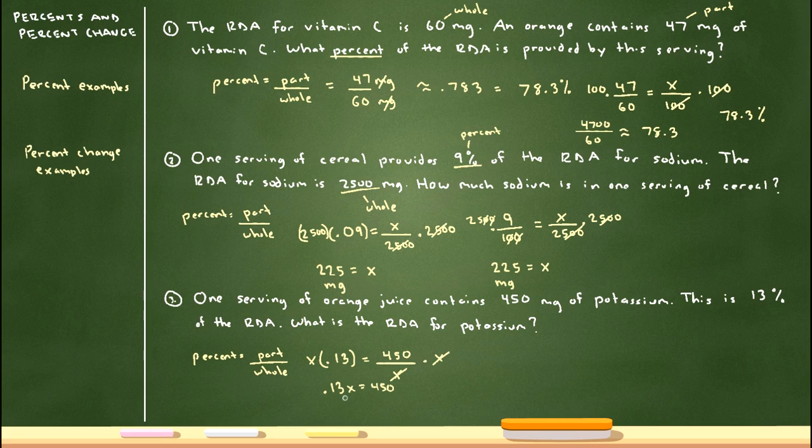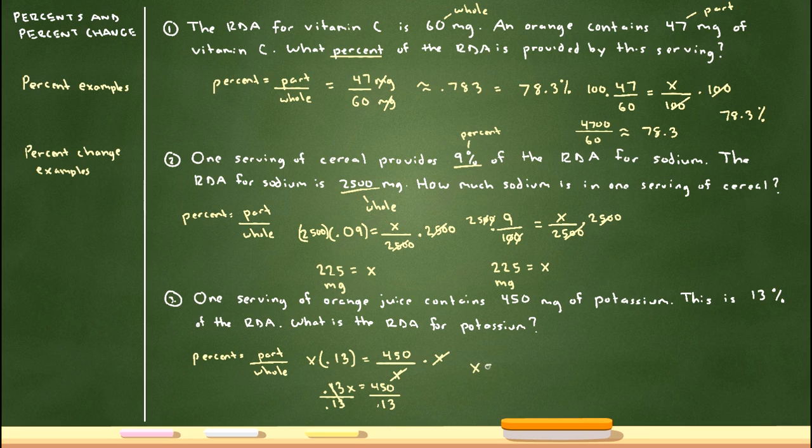And now what's the final step? Well, we don't want 0.13x, we just want x. So we go ahead and divide by 0.13 on both sides. And we could go ahead and use a calculator for this example here.